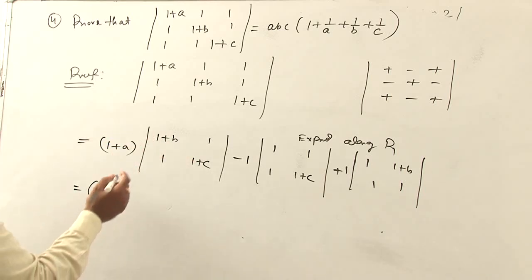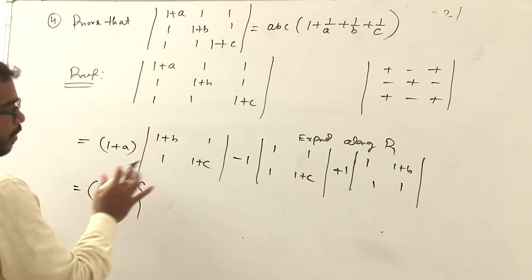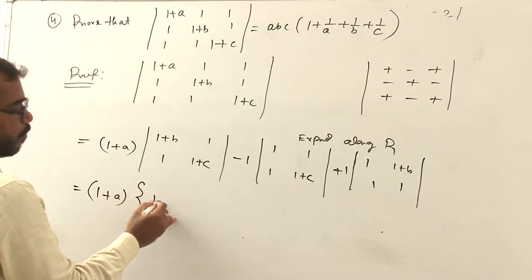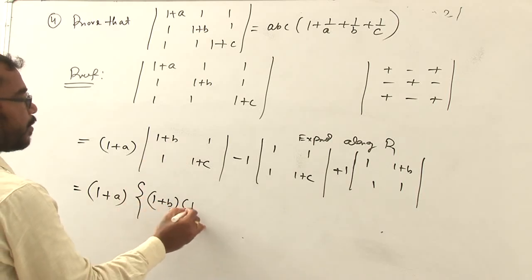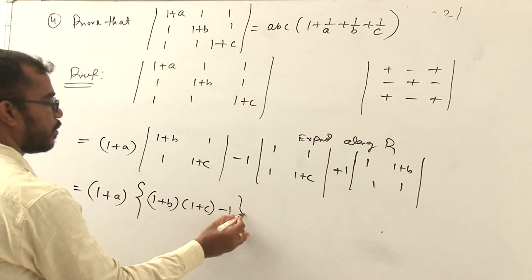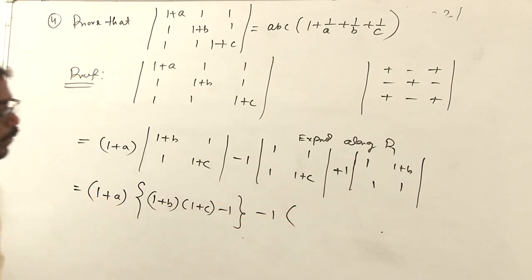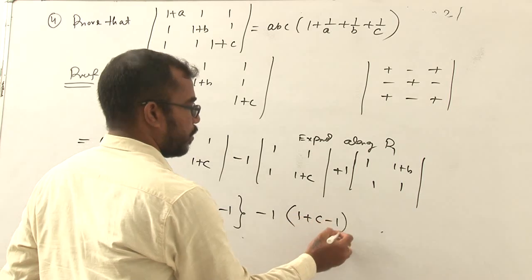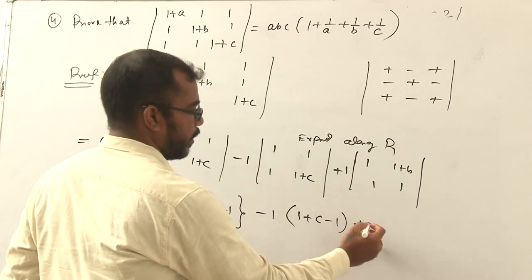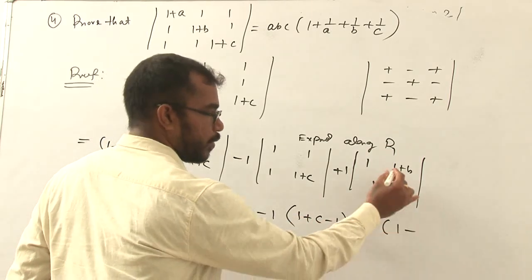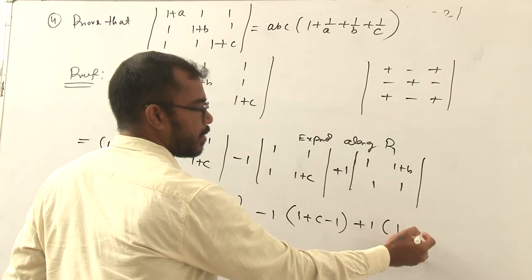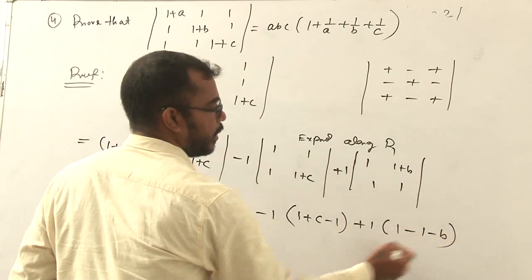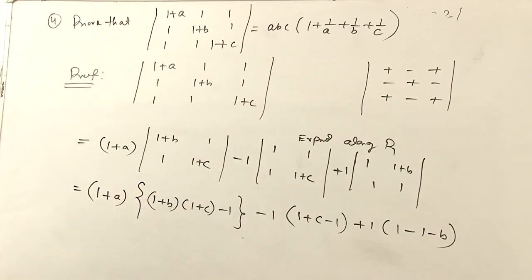Okay, so here if we cross multiply, then (1 plus B) into (1 plus C) minus 1, minus 1 into, if we calculate, then we get 1 plus C minus 1. The third one is plus 1 into 1 minus (1 plus B), that means minus, so you can write directly minus 1 minus.